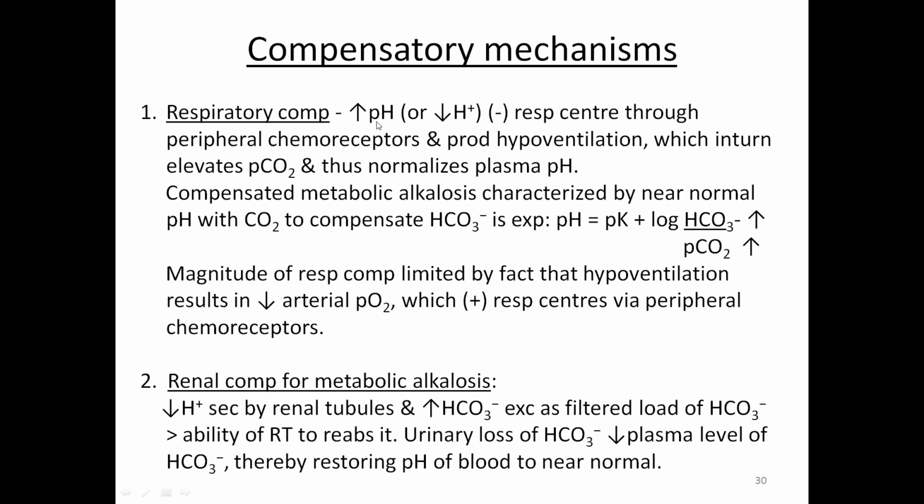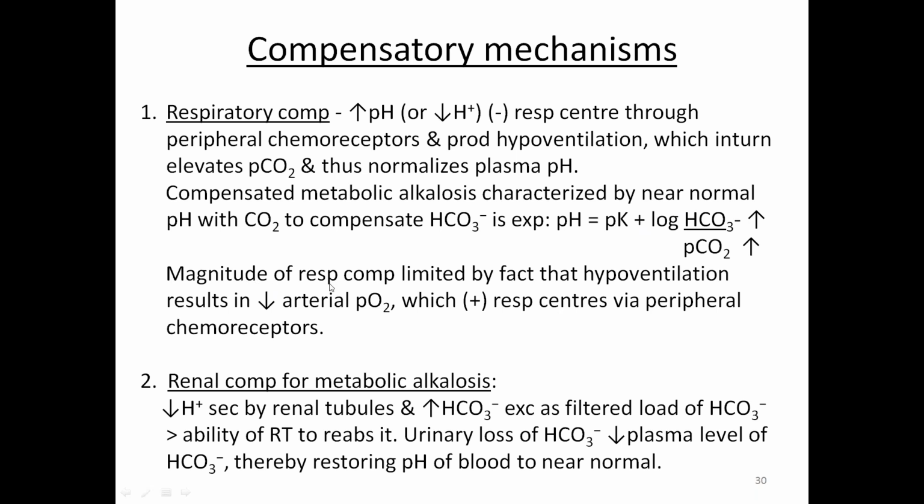In respiratory compensation, there will be a decrease in hydrogen ion by the inhibition of the respiratory center through the peripheral chemoreceptors, and this will produce hypoventilation, which in turn will elevate PCO2 and help in normalizing the plasma pH. Compensated metabolic alkalosis is characterized by near normal pH with increased CO2 to compensate bicarb. This is the equation for that.